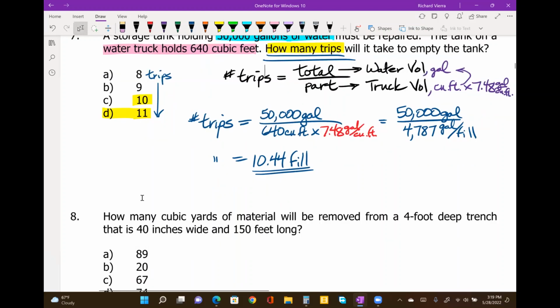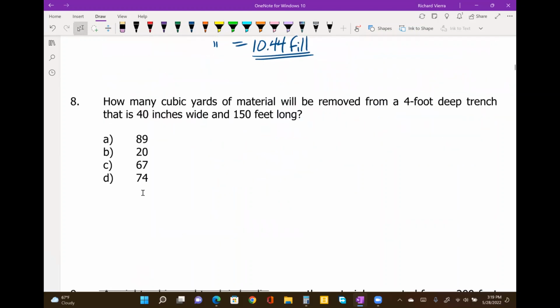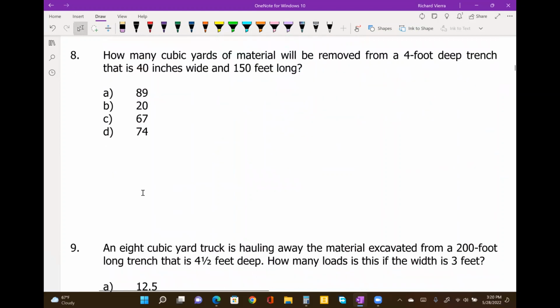Going on to number 8, now we have an example of the third most common type of volume calculation that shows up on the state exams for distribution operators, and that is excavation volume calculations, where we are no longer talking about water volumes, we're talking about dirt or material volume that we are digging out of a trench.